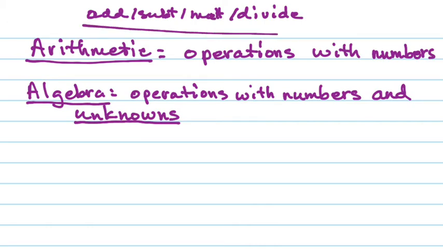Now, that should be good news to you, because there's only those operations. And remember that your calculator can do most of those, right? But the issue with mathematics, and in algebra particularly, is that you need to know when to do which operation. Okay, so keep that in mind. You're only ever going to do those 4 things, but you need to know when. Just like knowing the difference between area and perimeter, right? So keep that in mind.